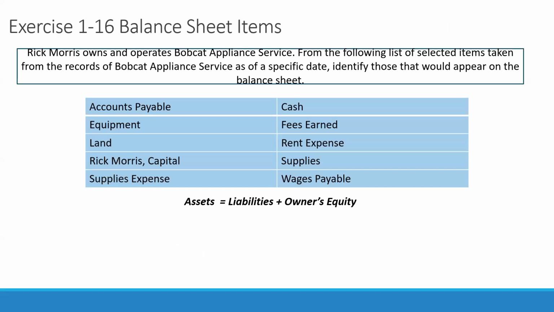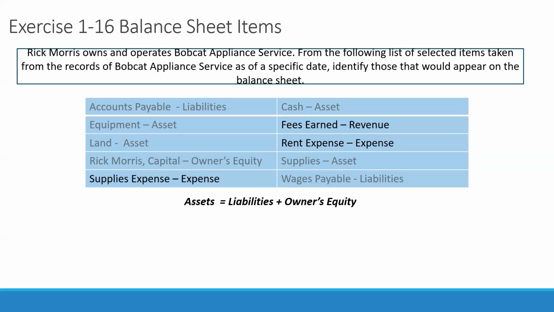Okay, so what order would these appear on the balance sheet? So what would be the first account on the balance sheet? Cash, exactly. And that's because they are ordered assets first, then liabilities, then equity, in the order that they can be converted to cash. So cash is the first.